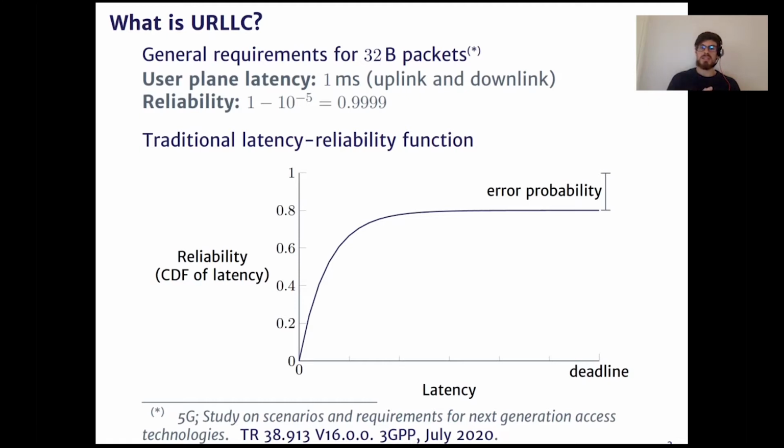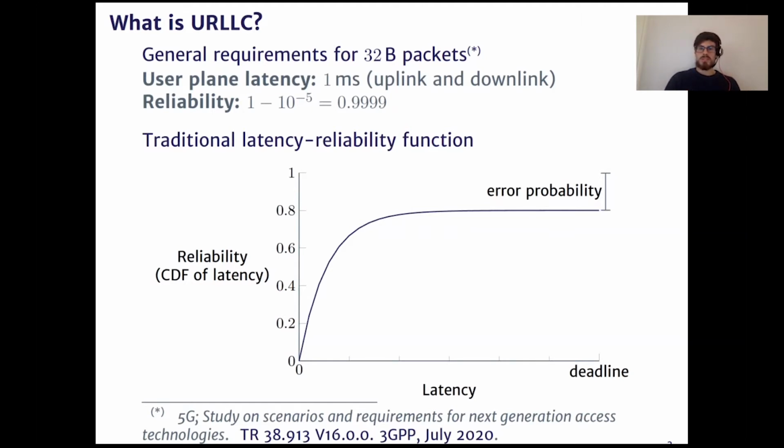The latency reliability function is the CDF of latency when we look at the rectangle that he mentioned already. We have a specific rectangle in the plot that we're going to focus on because we have a deadline and a target error probability that is quite low, and we have to fit in there. Everything that we do outside of this rectangle is not relevant for the URLLC system from their perspective.